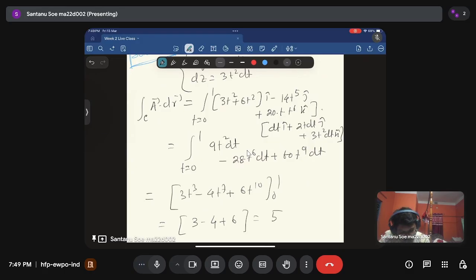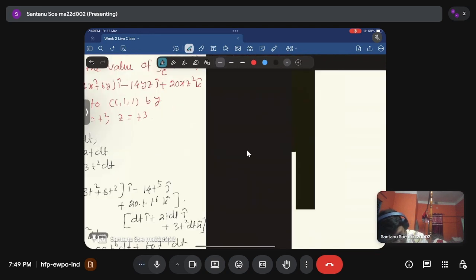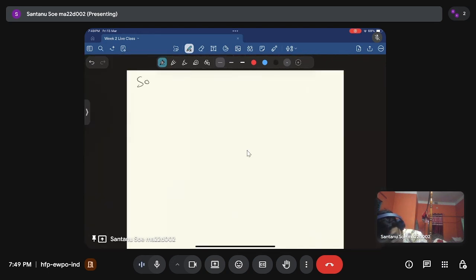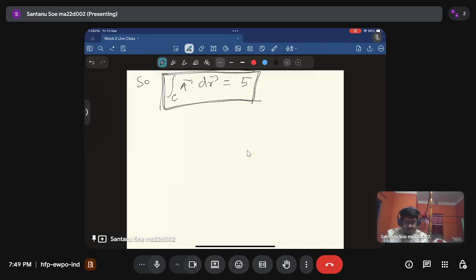Okay. So if the question is correct, then the integration over C of a dot dr is just 5. So I hope this is clear now.